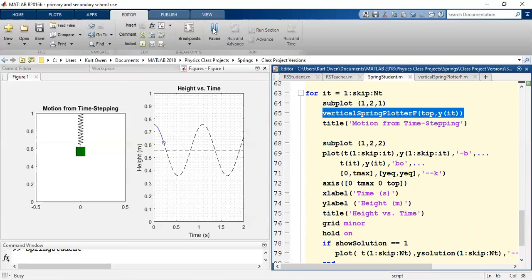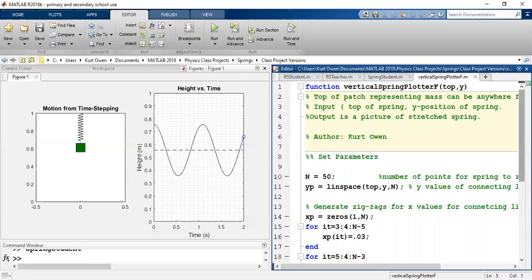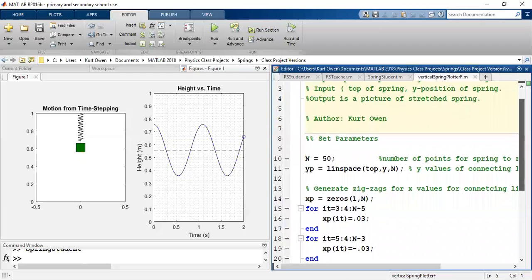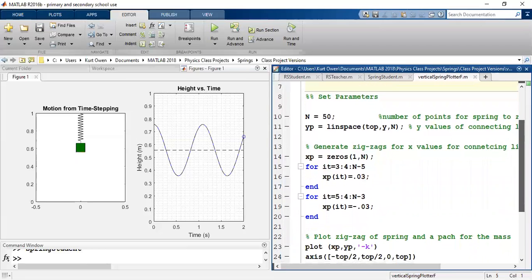Now notice as the program ran, the spring stretches out and then recompresses. So all of the little points along the edge of the spring are going up and down. Most of the code for vertical spring plotter is locating the points on the edges of the spring. So you don't need to know what it does in too much detail.